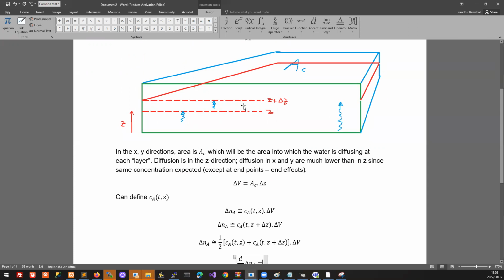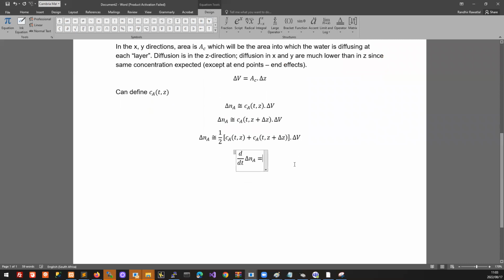This finite volume, delta V. We can see there are only two things happening. A is arriving by diffusion here, and then it's also leaving by diffusion here. When I say leaving, I should have actually drawn this squiggly line starting on this upper edge and pointing up like that, right?